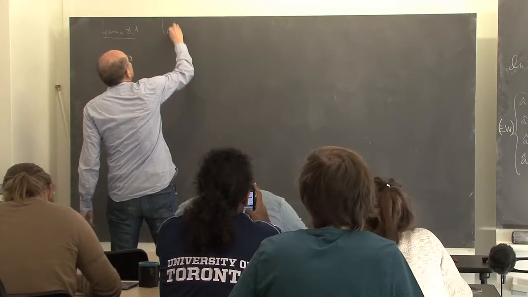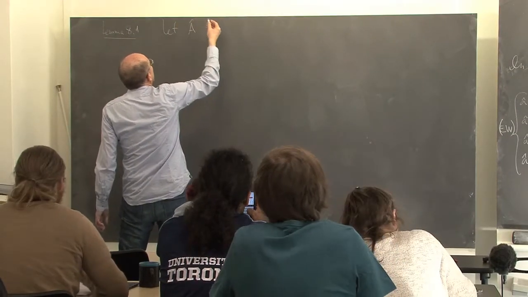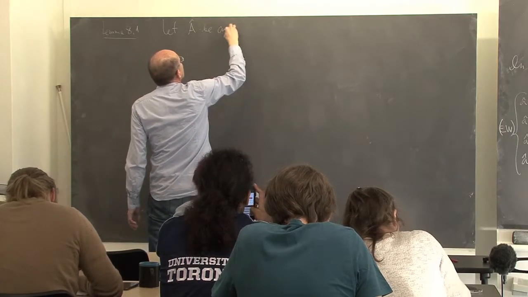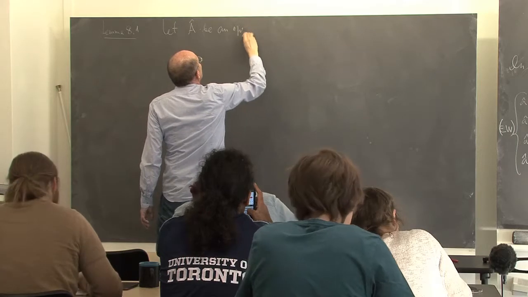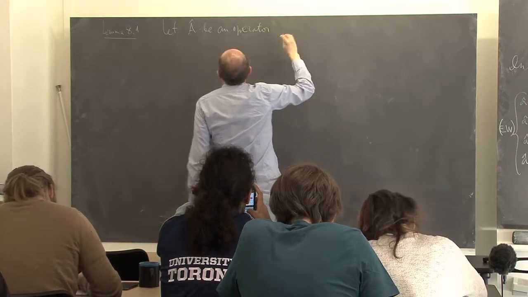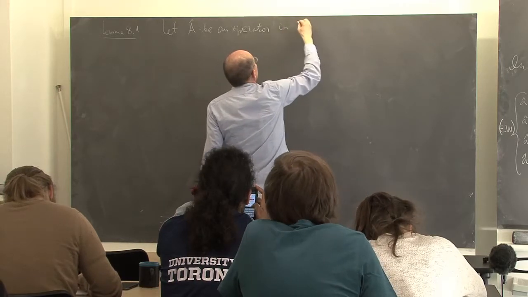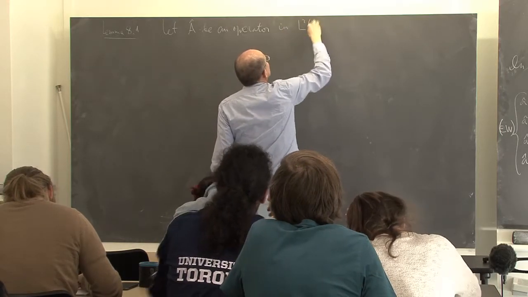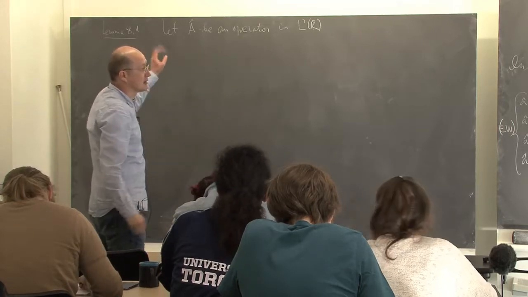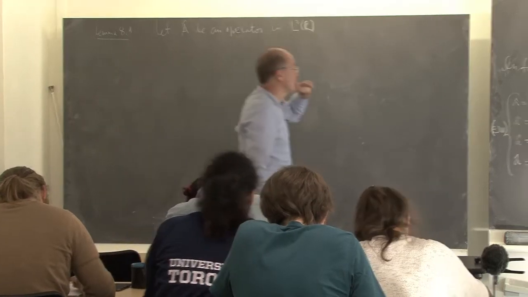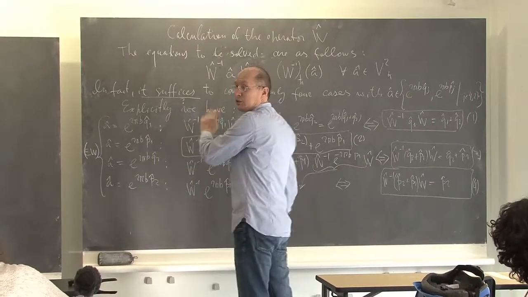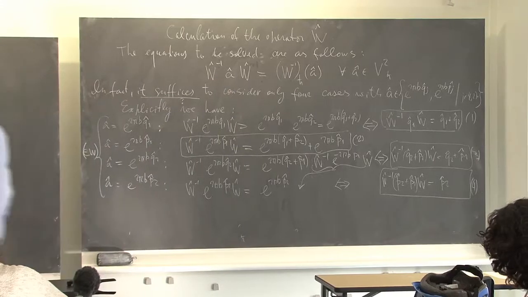Let A be an operator in L2 of R. So we are back to L2 of R because the essence is already visible on the level of L2 of R, but we will be using it in the context of L2 of R2.